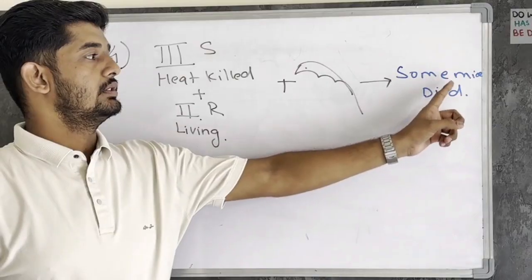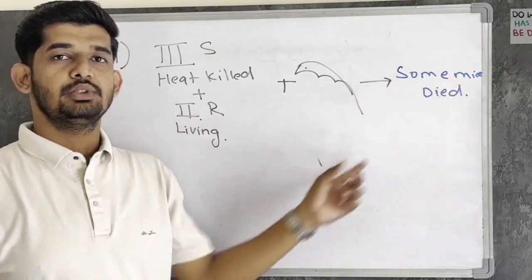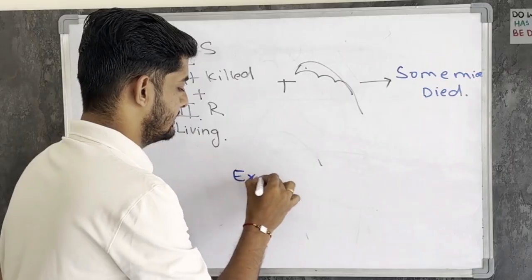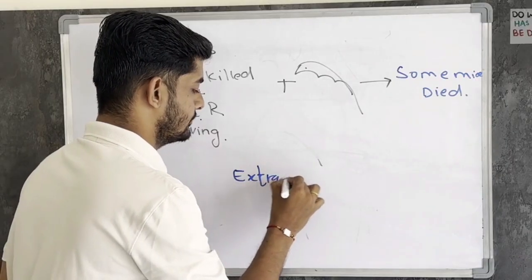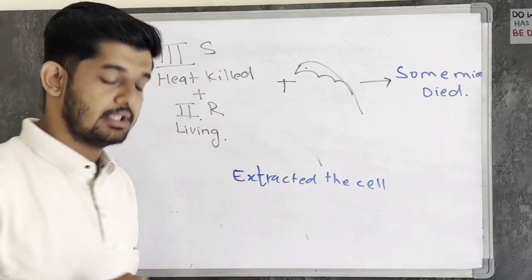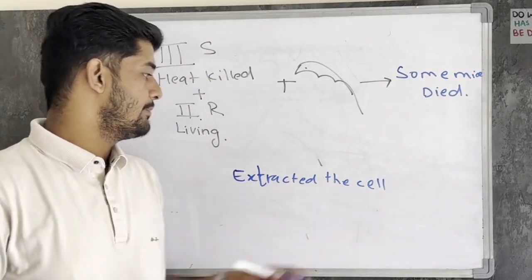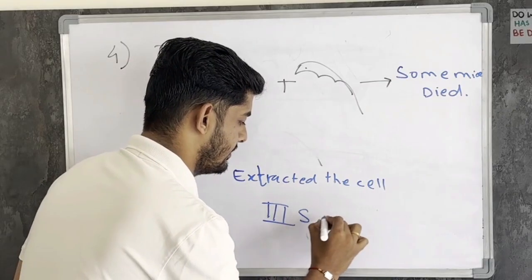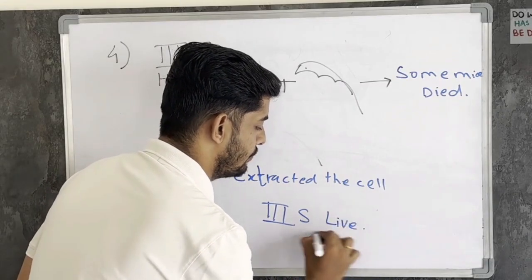Now, he took the mice that were dead and extracted the cells from these mice, and these cells were observed, and in these cells live 3S bacteria was found.